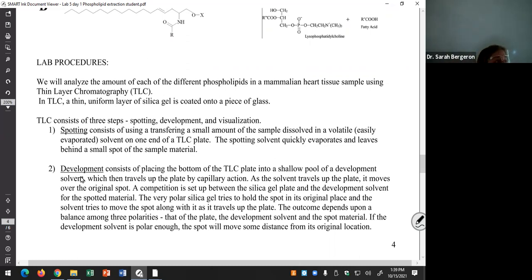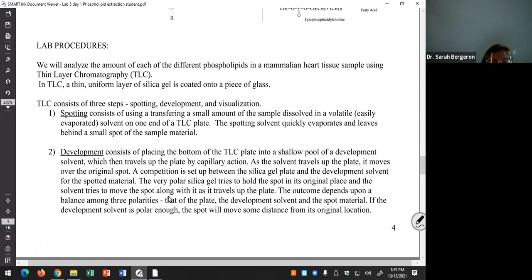Well, what's going to happen? It's going to pick up those lipid particles and carry them along the plate. So it's going to move, right? Your spot of sample is going to travel up the plate, but how quickly depends on the chemical composition of the lipids inside your sample as they travel up that thin layer chromatography plate, right?